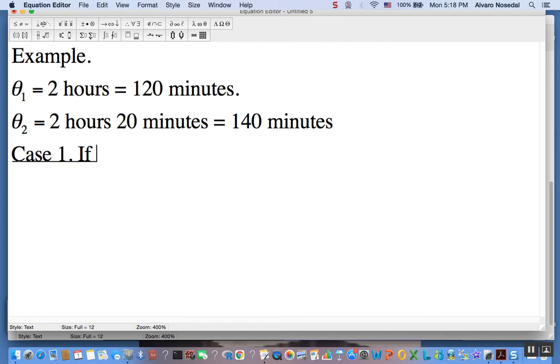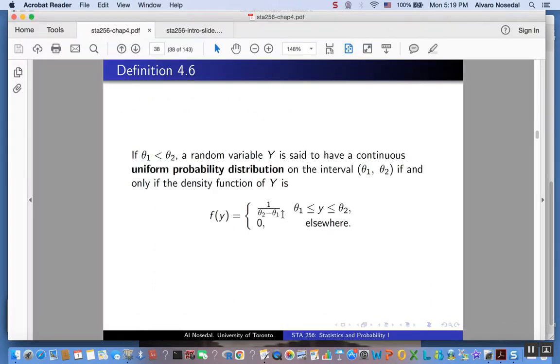So if x is between 120 and 140 minutes, according to that expression, it must be 1 over theta 2 minus theta 1.